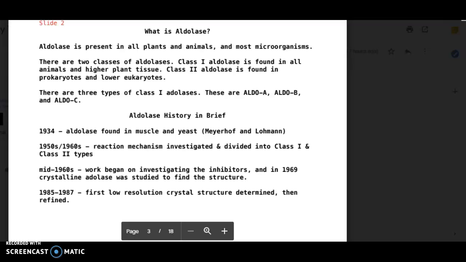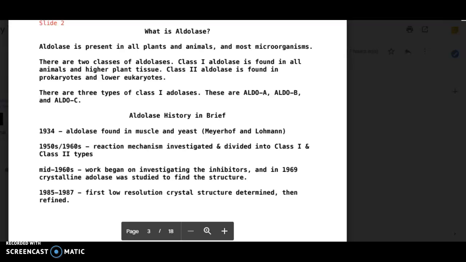A little bit about the history of this. In 1934, aldolase was found to be present in muscle and yeast. Muscle aldolase was first separated from isomerase in 1940, and the presence of aldolase in bacteria was first proposed in 1934, which was later confirmed in E. coli. In the 1950s and 60s, the reaction mechanism was investigated, and the classification scheme that divided aldolase into Class 1 and Class 2 was developed.